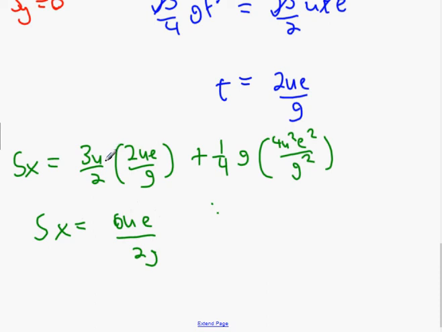There's an e there, wasn't there? Oh, u squared, sorry. U squared, right? Plus a quarter. The 4's cancel, don't they? So it's going to be u squared e squared all over g.